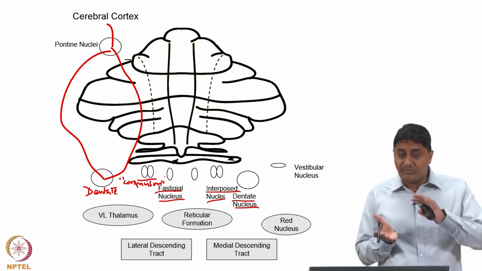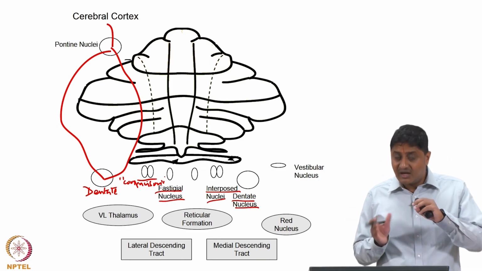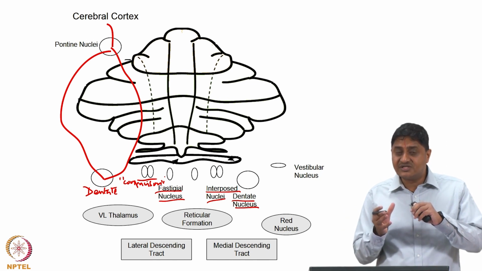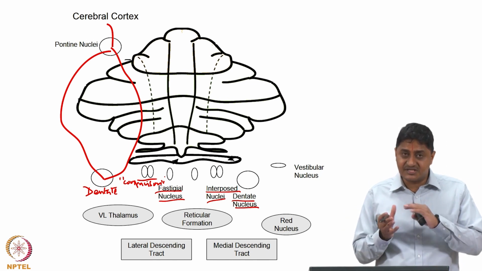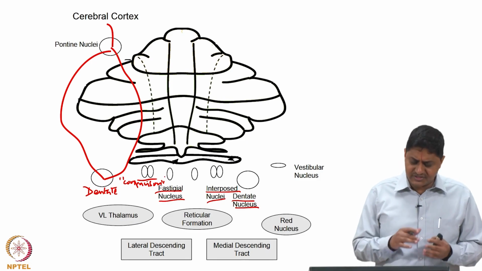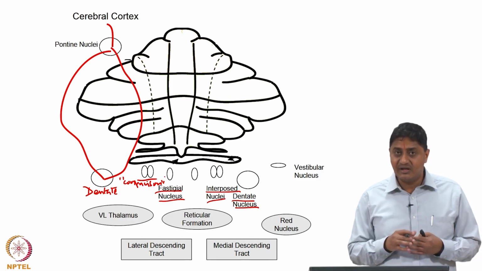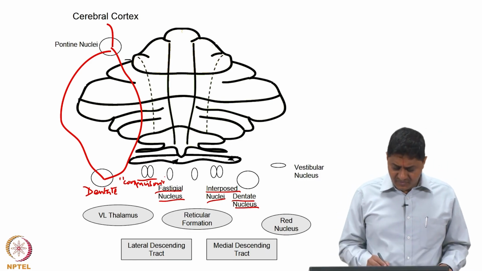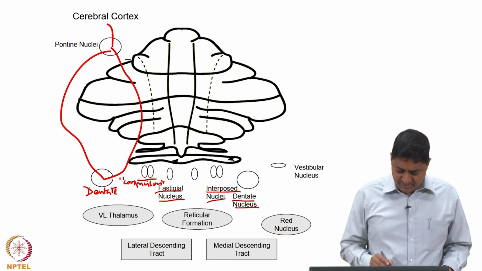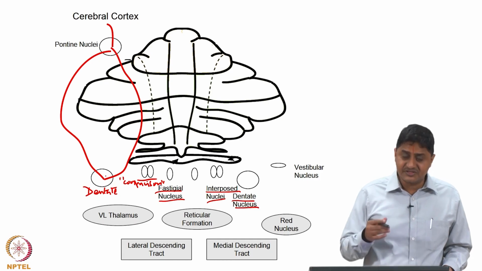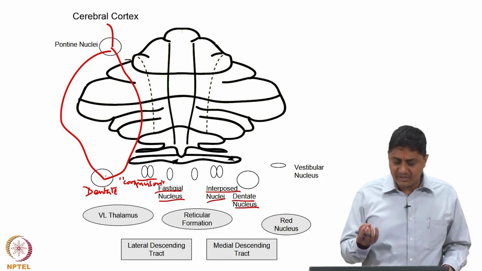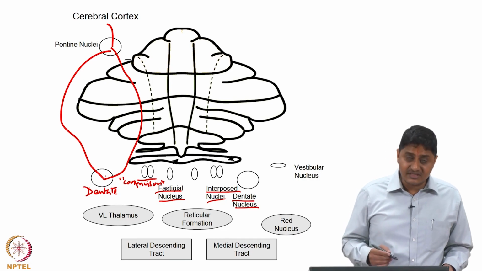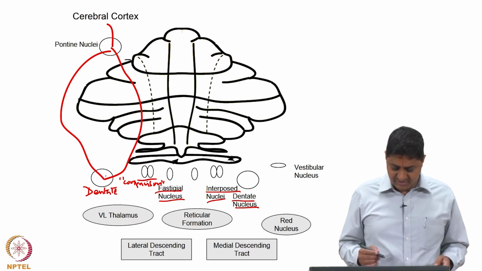So, the dentate nucleus compares the input it receives from the mossy fibers and the inputs it receives from the Purkinje cells. Of course, there are other comparisons that happen within the cerebellar cortex, but this is one of the many comparisons that happen. So, the dentate nucleus receives input from the pontine nucleus and also the Purkinje cell input from the cerebellar cortex.